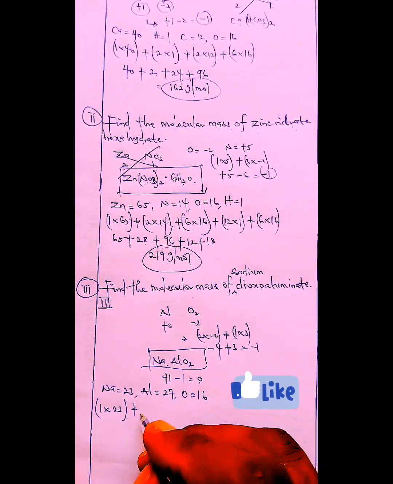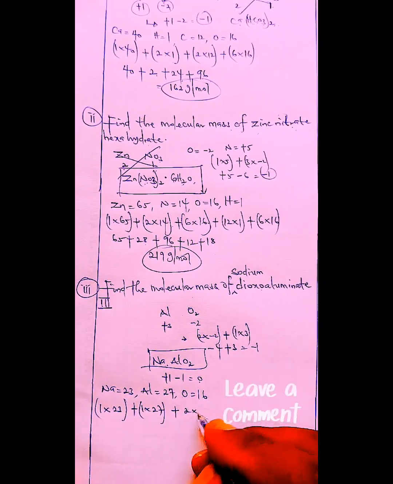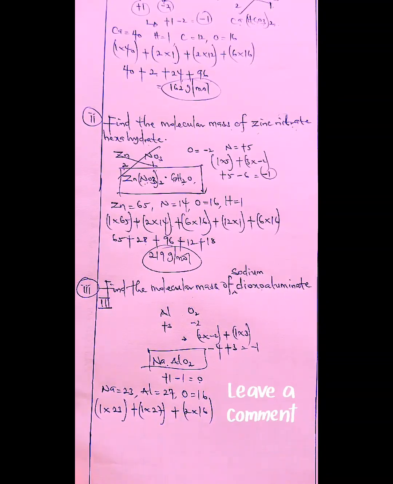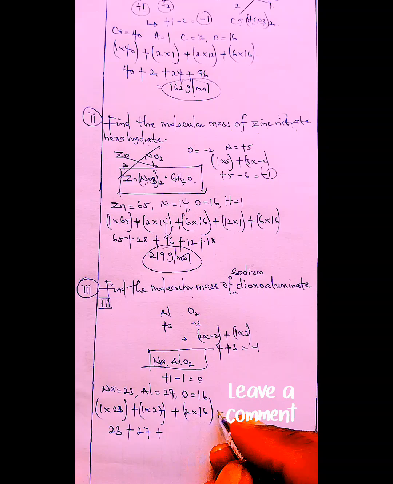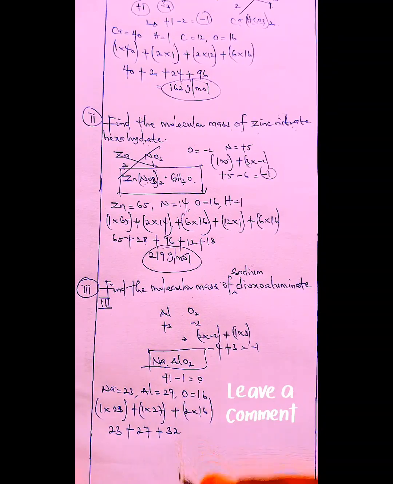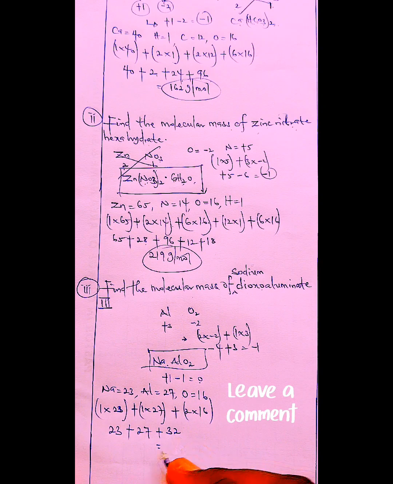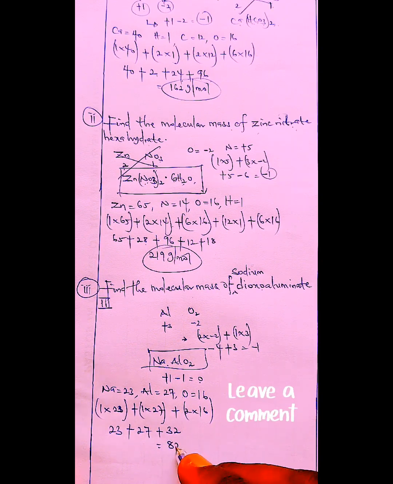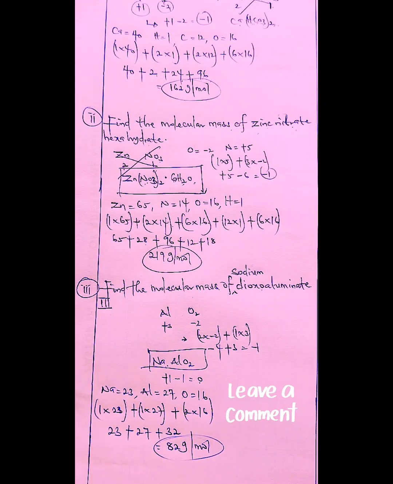Aluminium is just one atom also, so 1 times 27, plus oxygen, 2 atoms, 2 times 16. So we multiply out: 1 times 23 is 23, 1 times 27 is 27, 2 times 16 is 32. Now we add up: 23 plus 27 is 50, and 50 plus 32 is 82 gram per mole. This is the molecular mass for sodium dioxoaluminate(III).